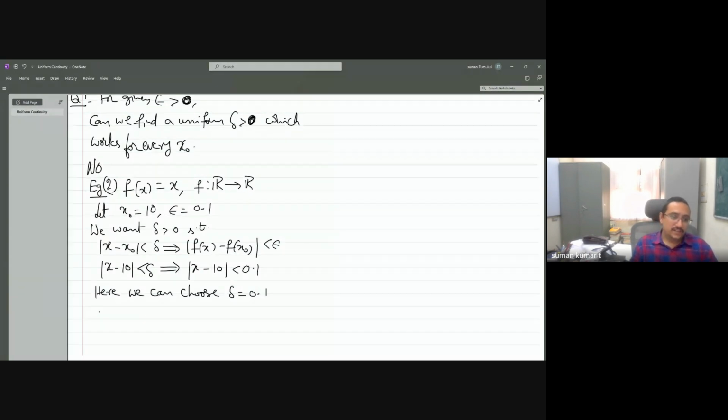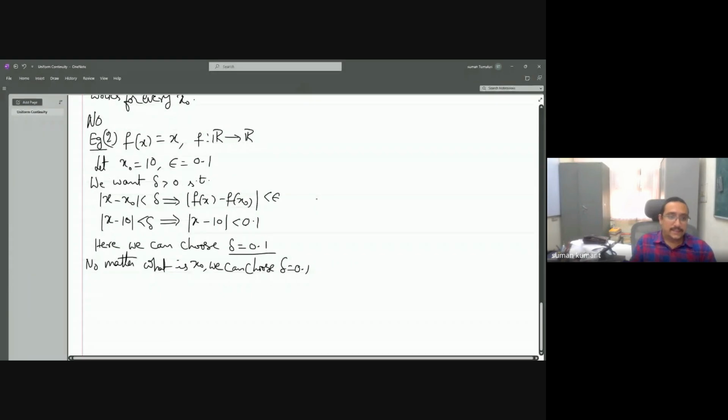Now instead of 10, if you put 100, then what happens? Nothing. In the place of x naught you have 100, and then here you will have 100. No change. Still I can take delta equal to 0.1. So no matter what is x naught, we can choose delta equal to 0.1 here.